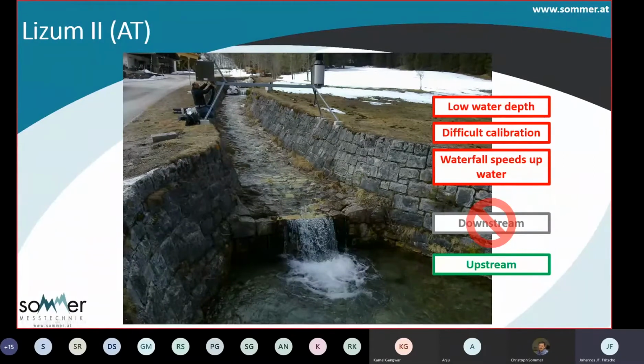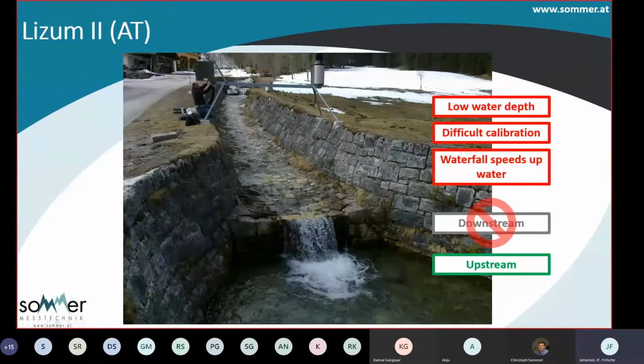So the water level is just a little bit higher than the rock surface on the riverbed. And this also gives a very difficult calibration of the system. Then we have a waterfall here at the edge, and that speeds up our flow downstream.